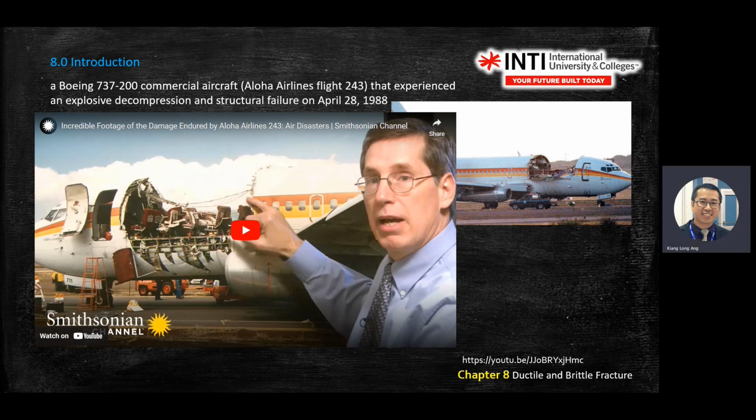As you climb higher, the pressure outside is very low, but we are not designed to live in a very high place, so we're not used to low pressure. To make you feel normal, the pressure inside the cabin is maintained at ground level pressure, right? So as the aircraft climbs higher and higher, the pressure outside is low and inside is high, so there's an expansion of your aircraft body.